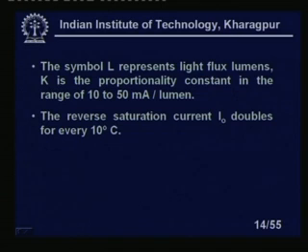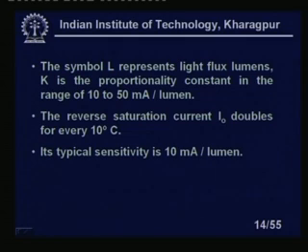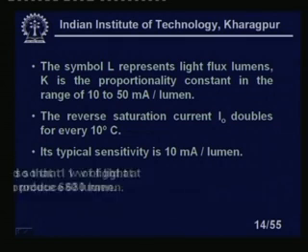And the reverse saturation current I0 doubles for every 10 degree centigrade. Okay. Reverse saturation current I0 doubles for every 10 degree centigrade, and its typical sensitivity is 10 milliampere per lumen, right.